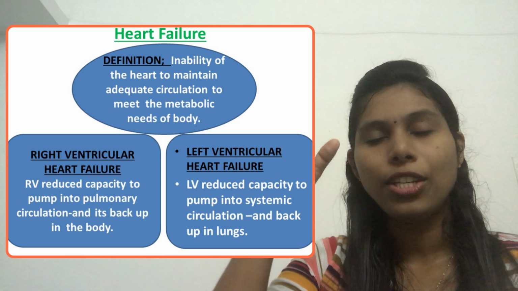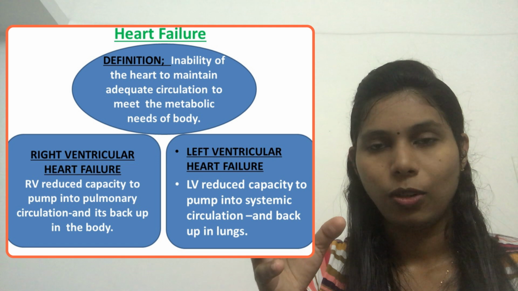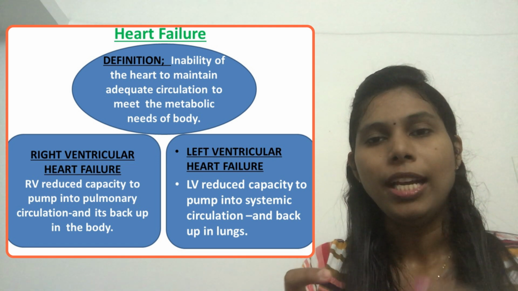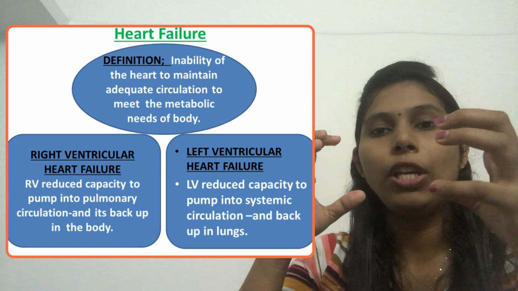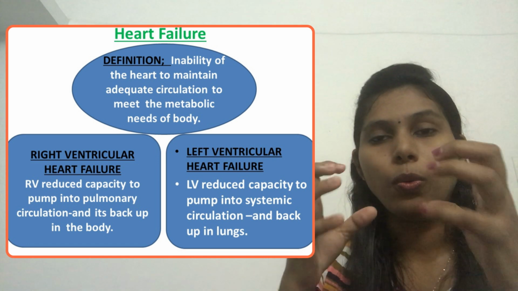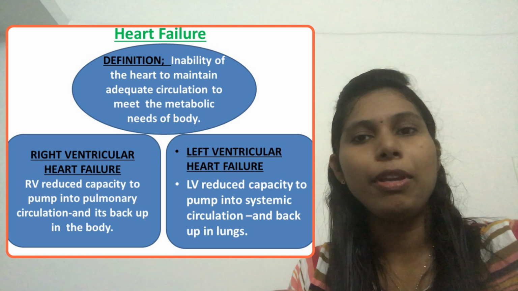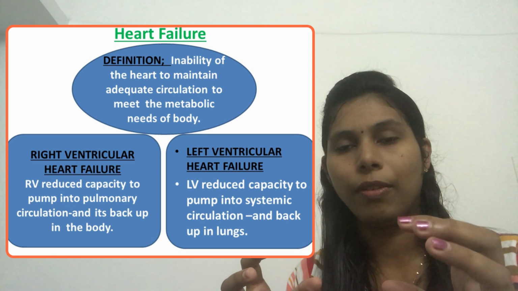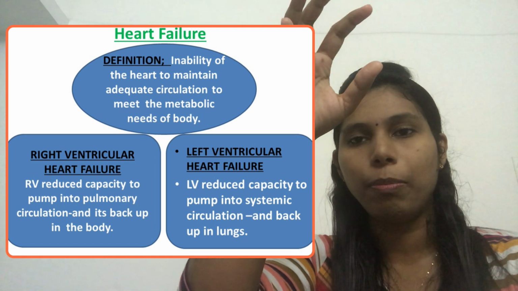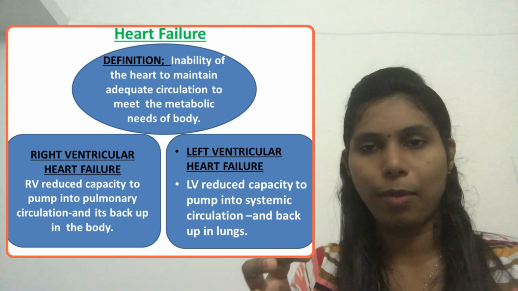So in right ventricular heart failure, what is happening is, if the right ventricle is not able to work properly or does not contract properly, what will happen? The blood coming from all parts of the body through the inferior and superior vena cava will back up in the place where it is coming from.